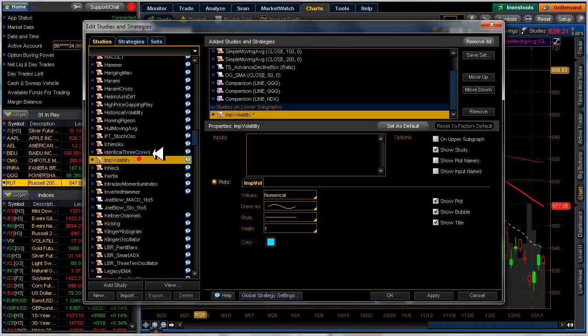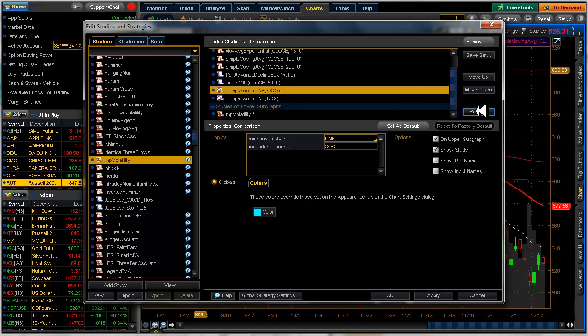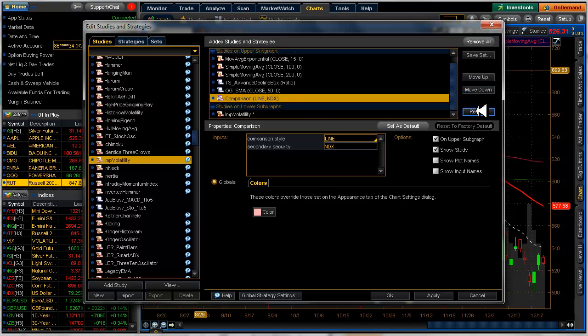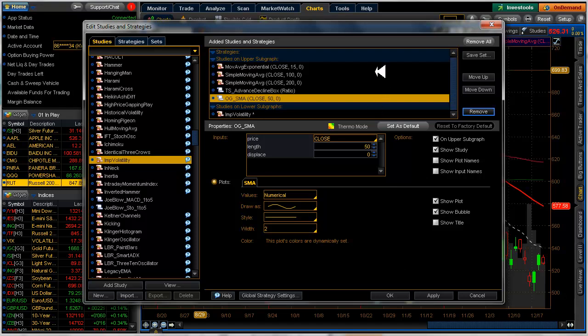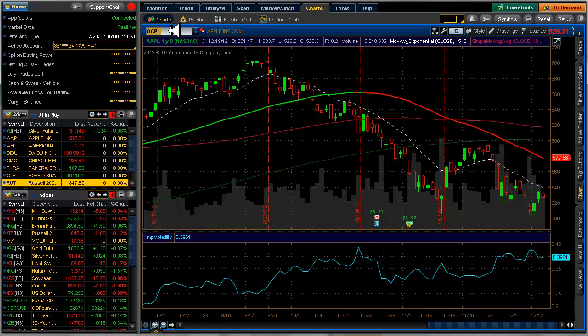So let's add that to our chart. Now I was playing around with doing some comparisons. Hit apply here, say OK. Let's bring up the Russell.